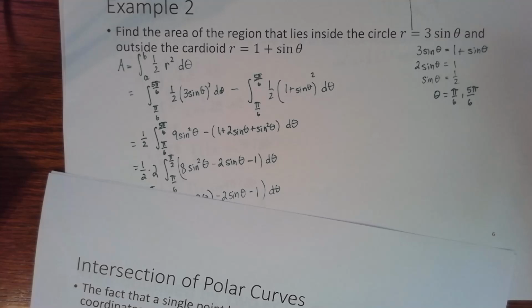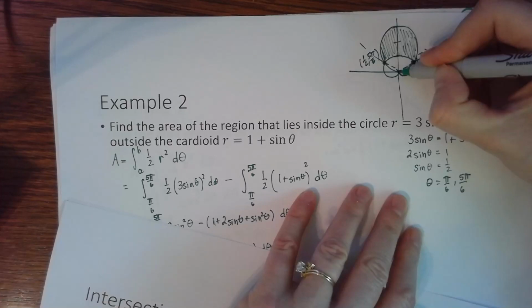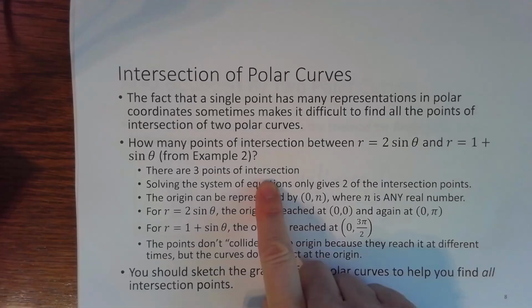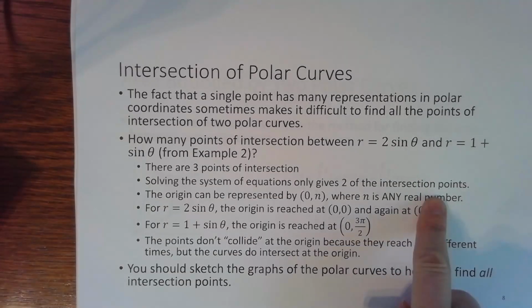But if you look carefully at the picture, the circle goes through the origin and the cardioid also goes through the origin. But when we solved the equations, we didn't find that point. Okay, so let's look at why that happened. There are clearly 3 points of intersection when we look at the picture of the graph, but when we solved the system, we only got 2 intersection points.